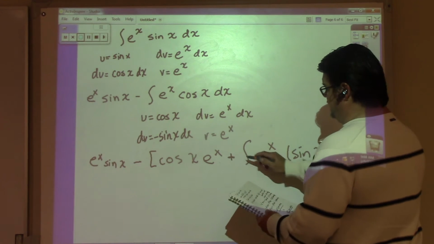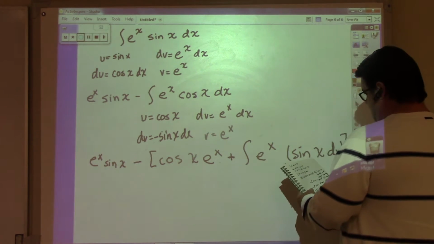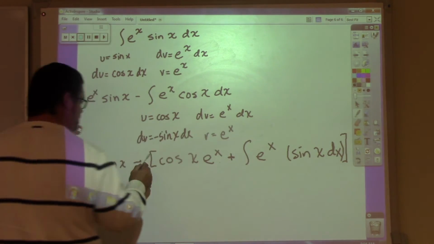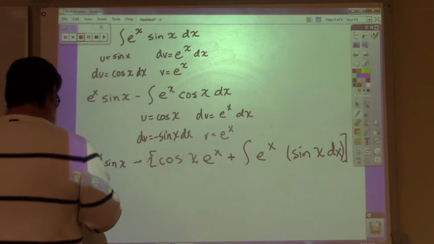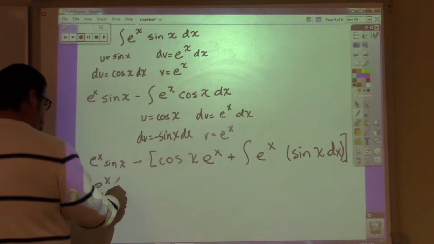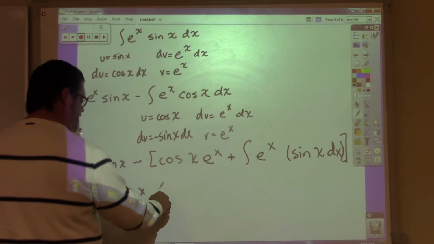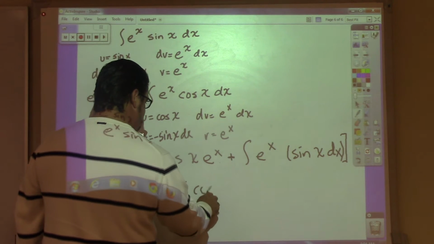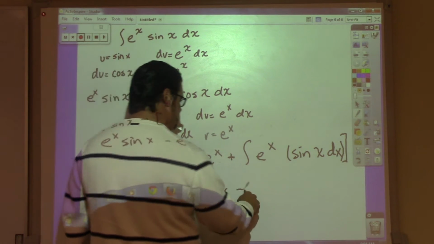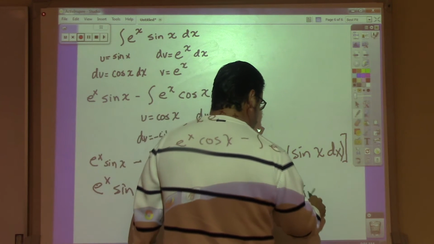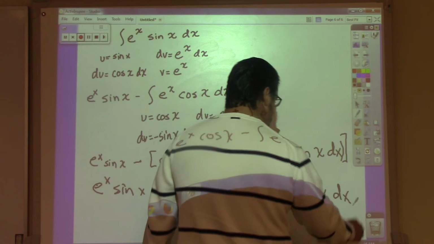I distributed the negative right here. That's why: e to the x sine of x, distribute the negative, and that's minus e to the x cosine of x minus the antiderivative of e to the x sine of x dx. That's where the negative comes from.